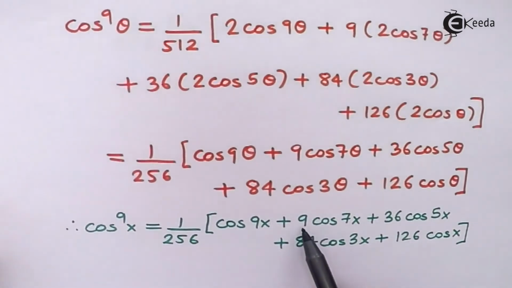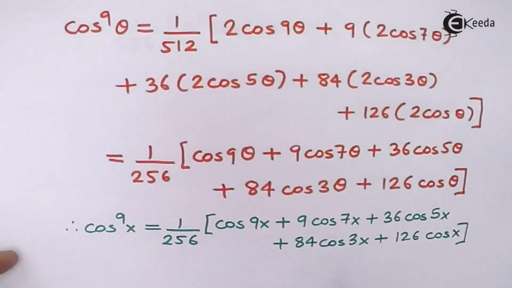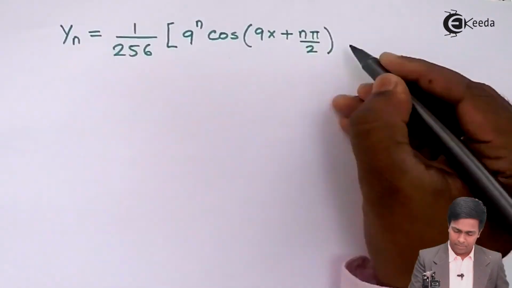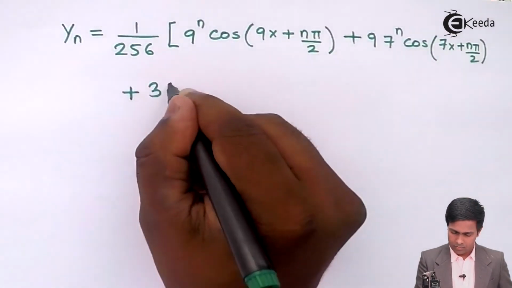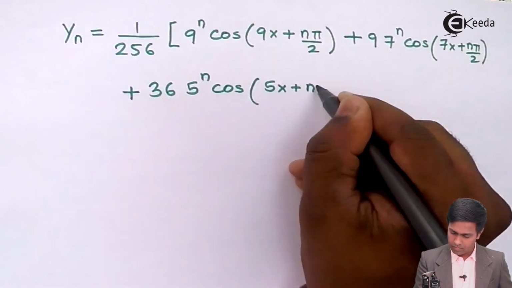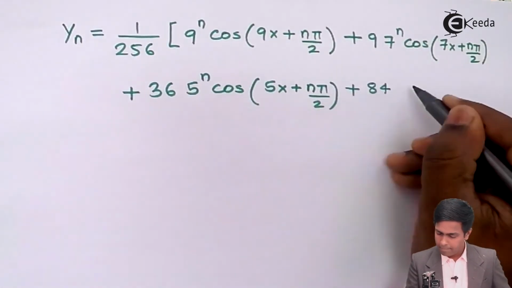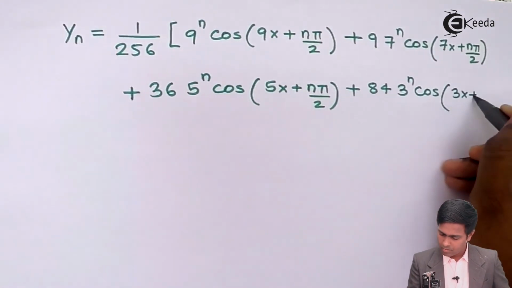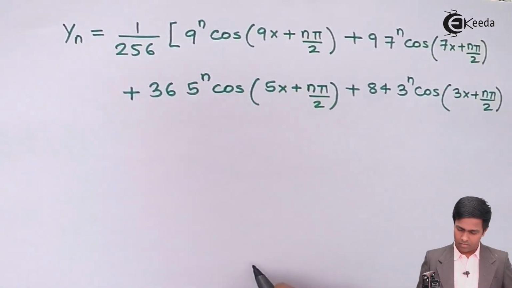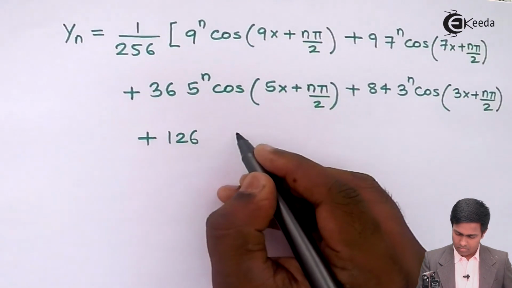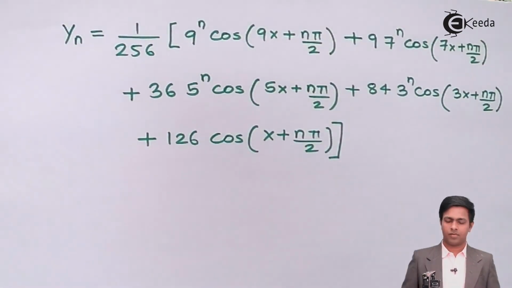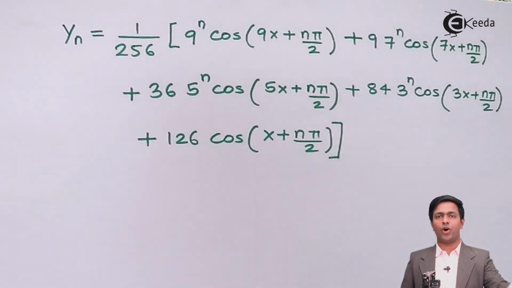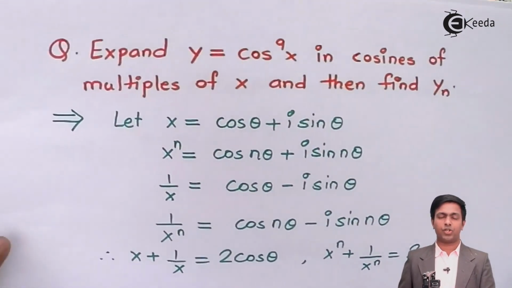So 9, 36, 84 and 126 will remain as they are. So we'll get, so guys, this is the nth derivative of the given function y, which is cos raised to 9x.